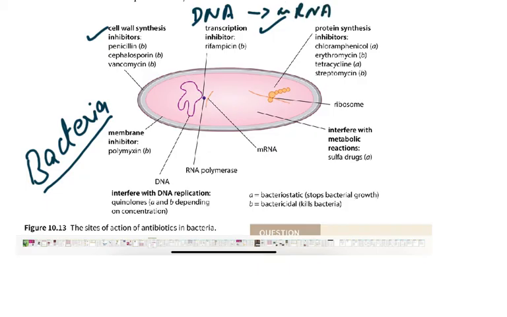So we say transcription inhibitors. Then they are protein synthesis inhibitors. So no proteins will be made on the 70S ribosomes. Then they interfere with metabolic reactions. They are membrane inhibitors. The cell membrane is partially permeable. If it is made fully permeable, the bacteria will die. So antibiotics work in different ways in destroying bacteria.